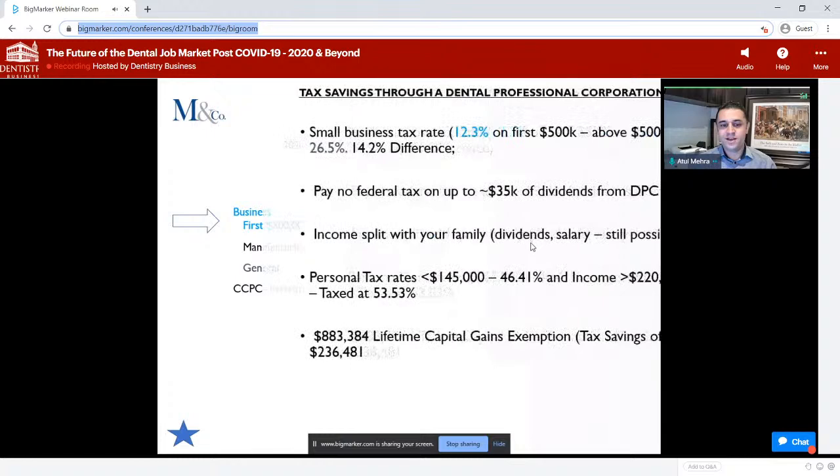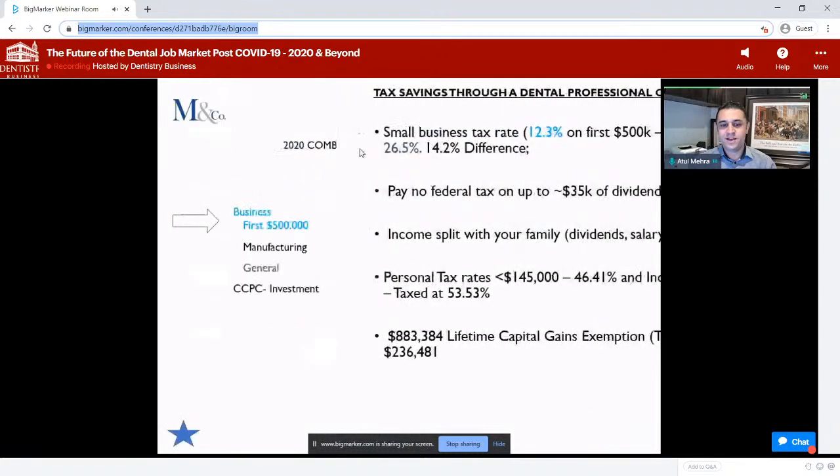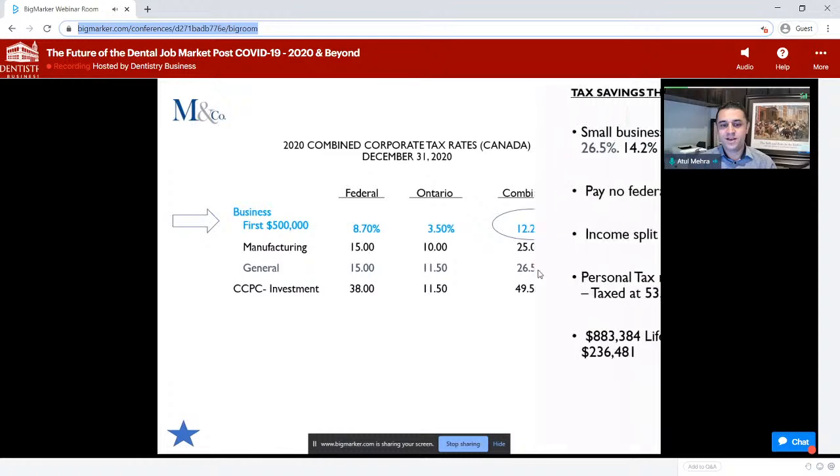So here's a summary of the differences in the savings by using a dental professional corporation. You get the small business tax rate, which is 12.2% on the first $500,000. Of that, anything above is actually going to be at 26.5%. It's 26.5% on any income earned in the corporation above $500,000.